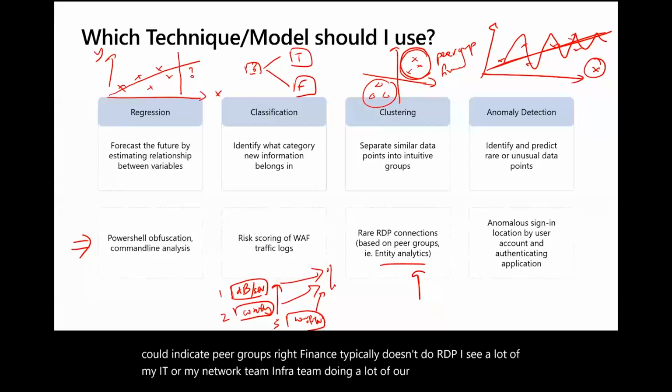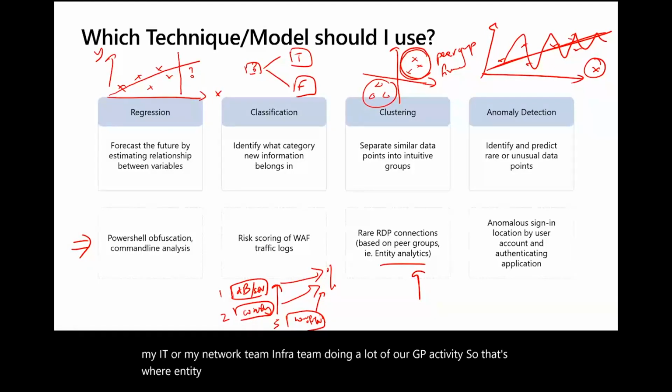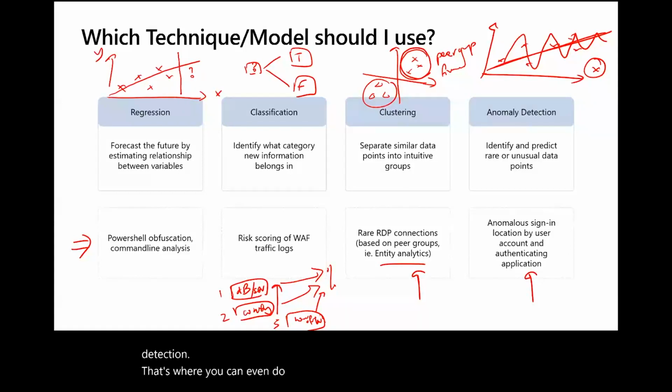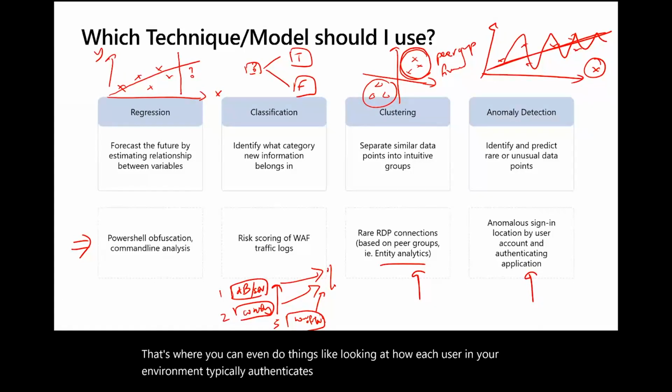So that's where entity analytics also comes into play. When we talk about anomaly detection, that's where you can even do things like looking at how each user in your environment typically authenticates to different applications, from where, what IP, what type of browser, and then analyze which is an outlier from that point.